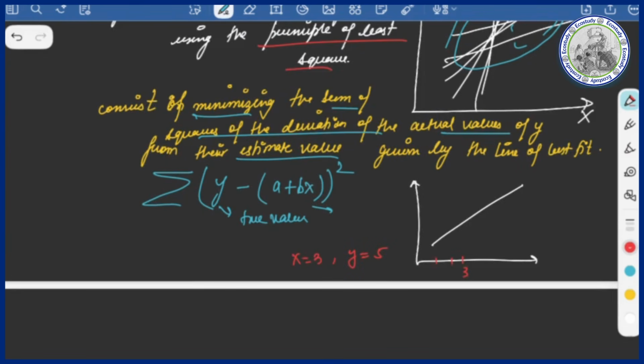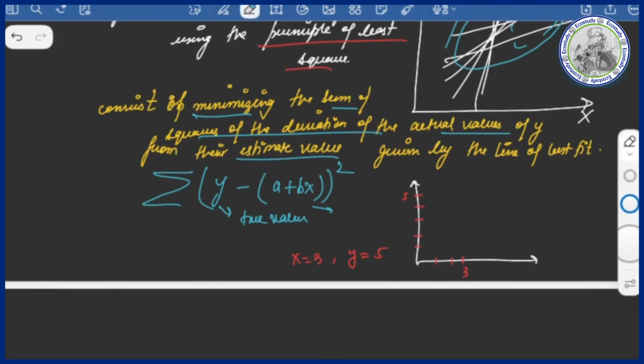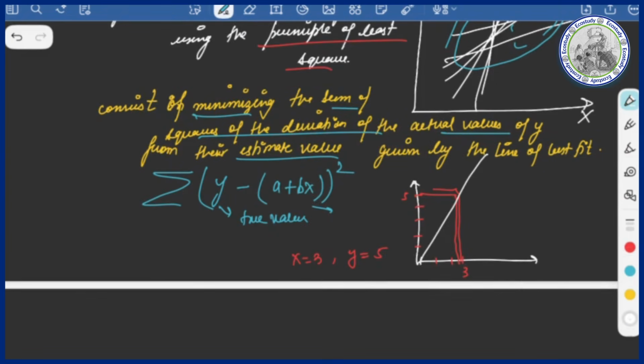Now this is my best fit line and this is my true line, but here we use the best fit line. So when we have the best fit line, we find that for x equal to 3 we get 4.5 in the best fit line.